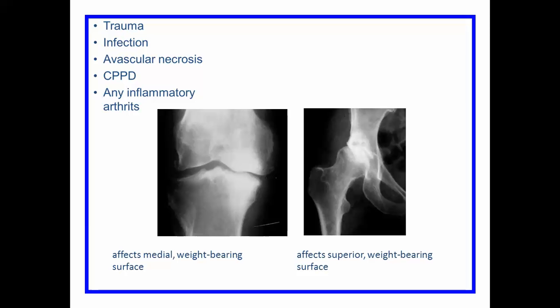In the knee, expect the changes at or along the weight-bearing surfaces, which is usually medial, while in the hip, expect it at the weight-bearing surface, which is usually the superior.